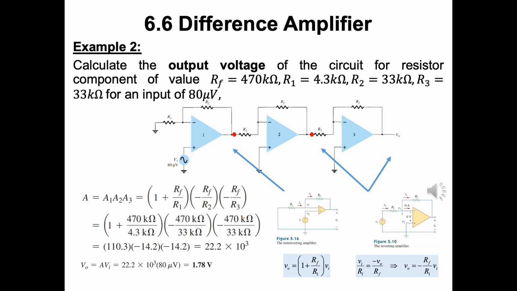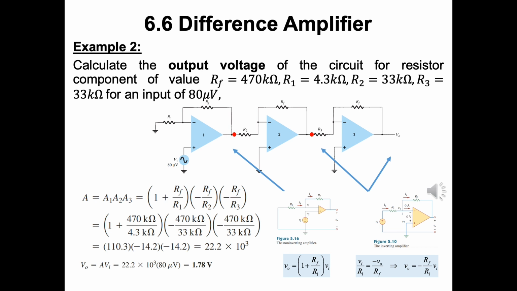As the 3 are connected to each other, we can write down an equation for A. A is equal to A1, A2 and A3. From here, as the non-inverting amplifier is concerned, we need to utilize the leftmost in-bracket equation. The second and the third will be the inverting amplifiers.